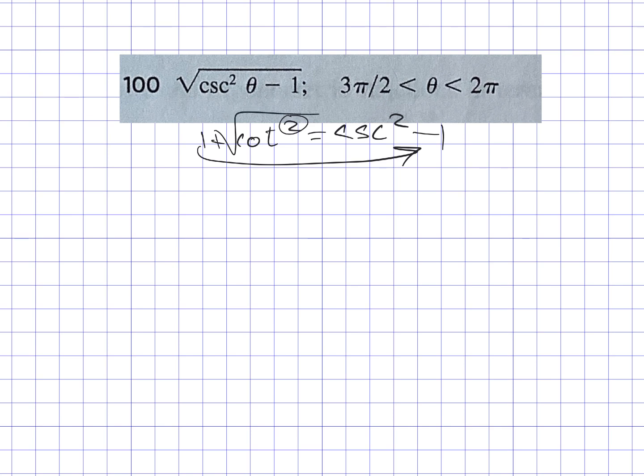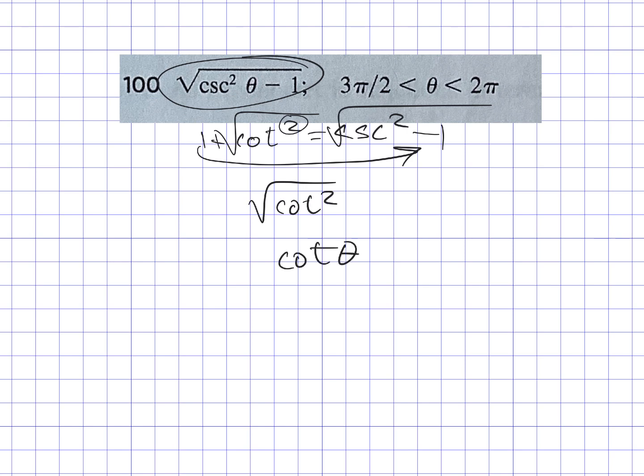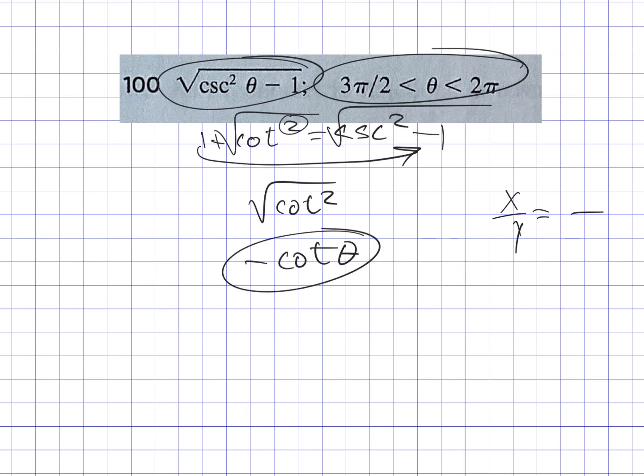To get rid of the square, we take the square root. So now you have the square root of cotangent squared, which gives us the cotangent of theta. And you're in the fourth quadrant. Cotangent is x over y. And in the fourth quadrant, this would be negative. So we need to put a negative sign on the cotangent of theta.